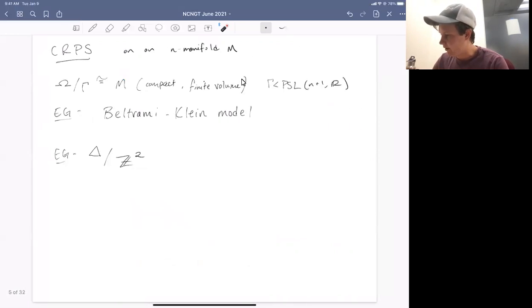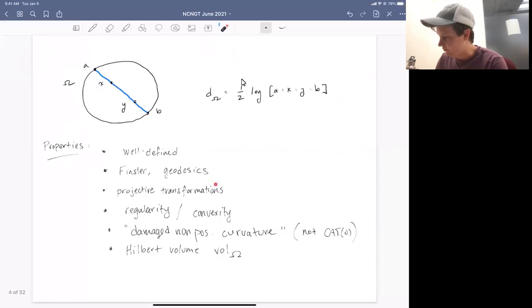Okay. So a convex real projective structure on a manifold, say M, is a quotient of some properly convex domain Omega by a discrete group of projective transformations Gamma. I mentioned that projective transformations preserve the cross ratio. So any projective transformations which preserve Omega are therefore isometries of Omega with respect to the Hilbert metric.